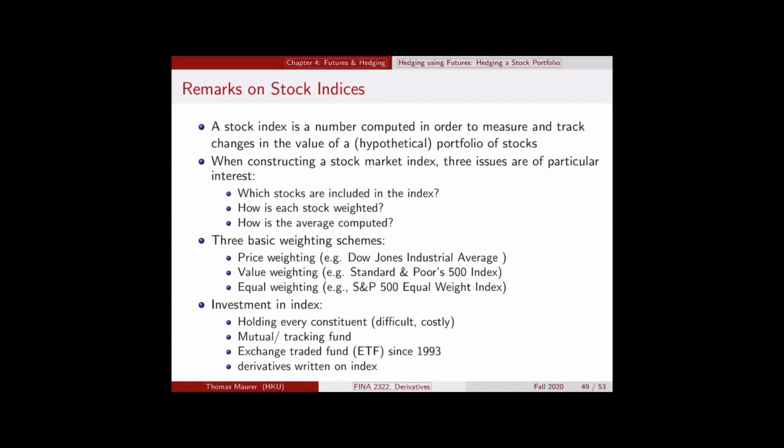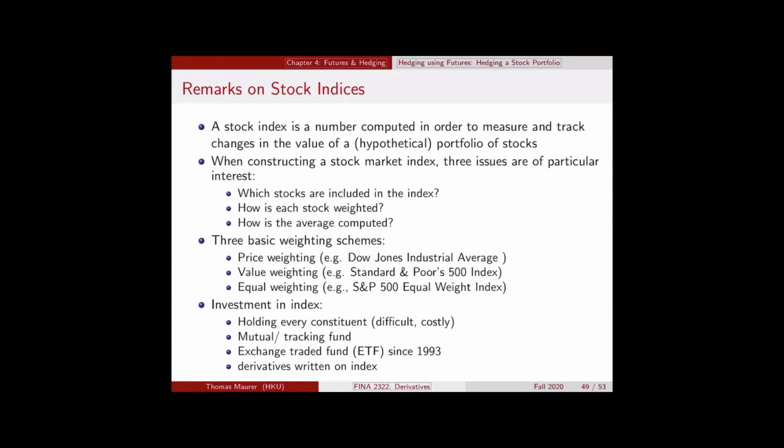So there can be many different choices of which stocks you want to include. Once you know which stocks you want to include in an index, then you want to decide how to weight the different stocks in your index. And so there are many different choices. For example, the Dow Jones Industrial Average Index, which is very popular in the US, that's a price-weighted index.